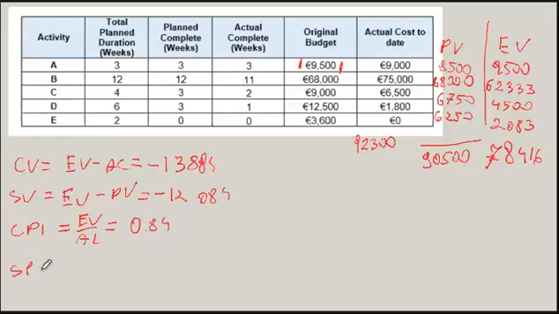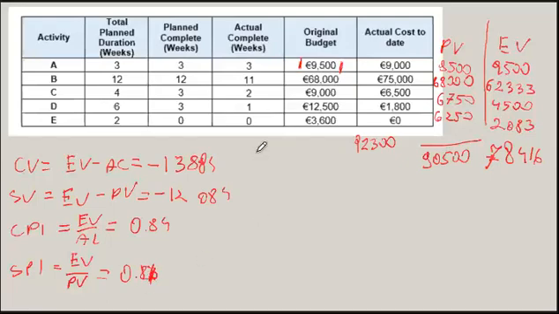Scheduled performance index, SPI, is earned value over the planned value. So 78,416 divided by 90,500. That's 0.8687, rounding up. We're behind schedule.